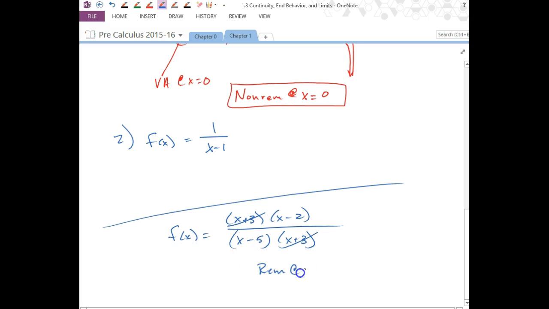Removable, at x equals negative 3. If it does not cancel out, that's a vertical asymptote. So what's positive 5 going to be? What kind of discontinuity? Non-removable. Nice. Non-removable at x equals 5.